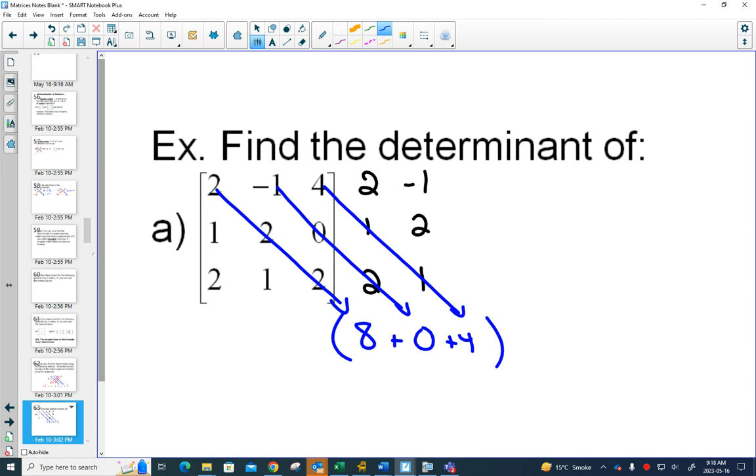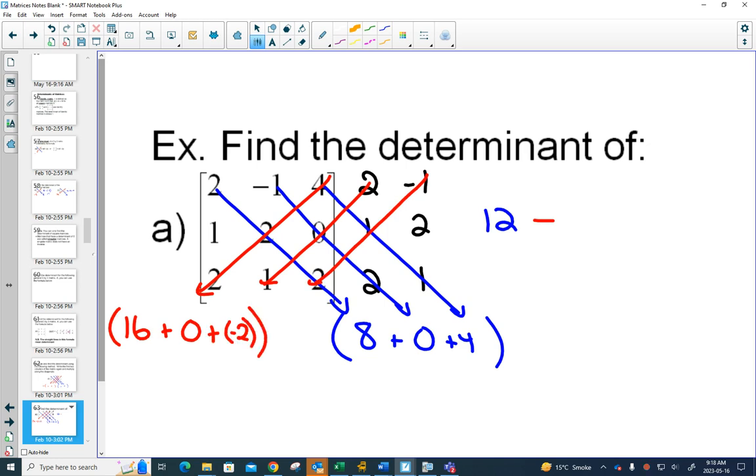That will give me 12. And then I'm going to subtract this diagonal 16, plus 0, plus negative 2. And I get a determinant of negative 2.